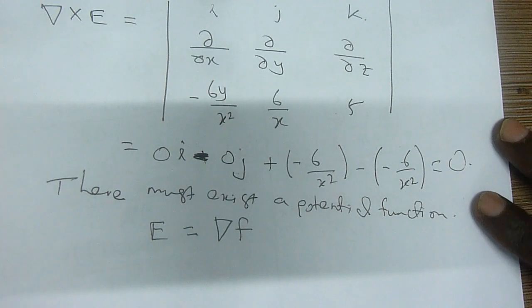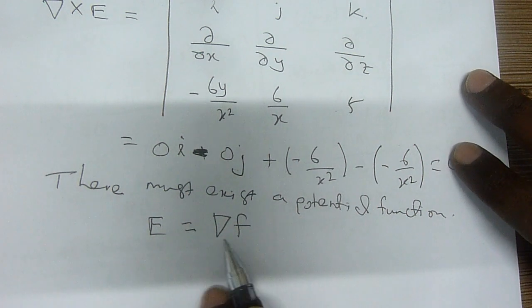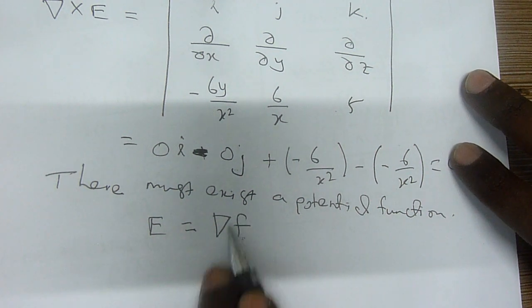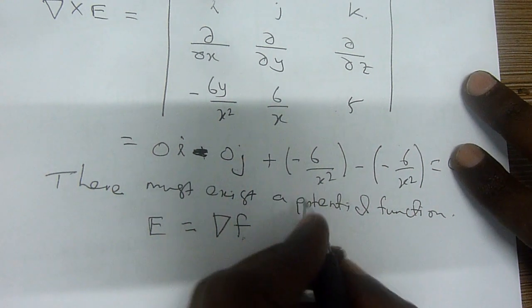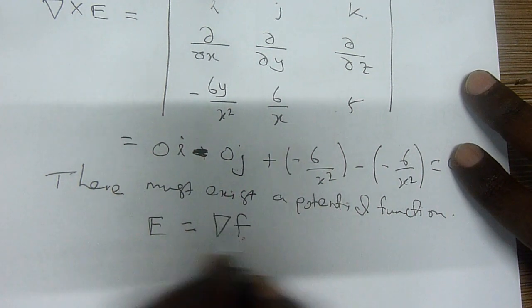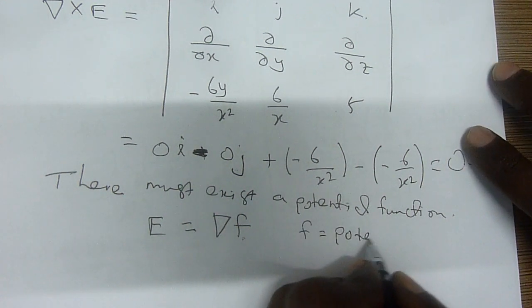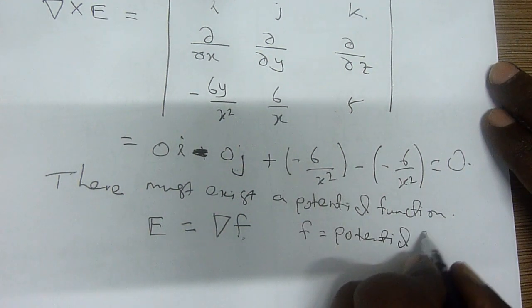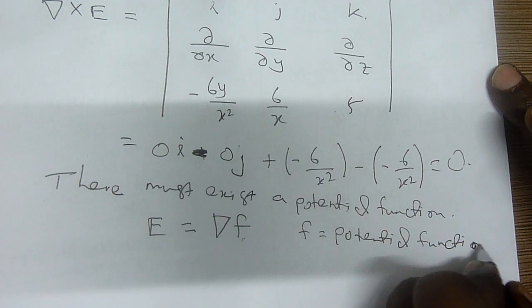In order to solve this problem, let's say there is an f, and this f is a potential function. You must remember f is the potential; it's not del f that is the potential function, f is the potential function.